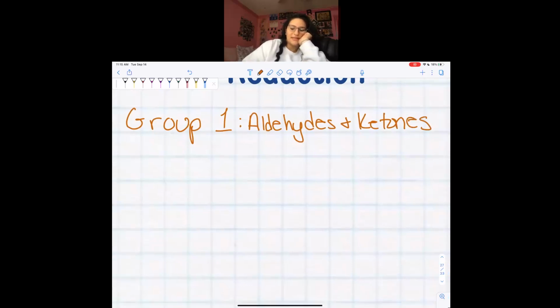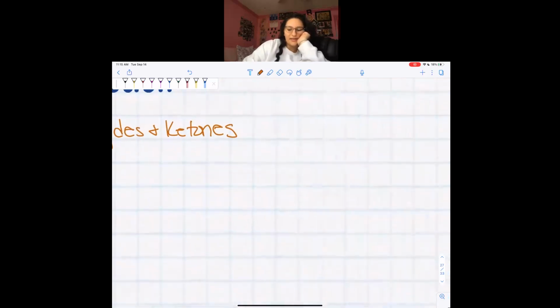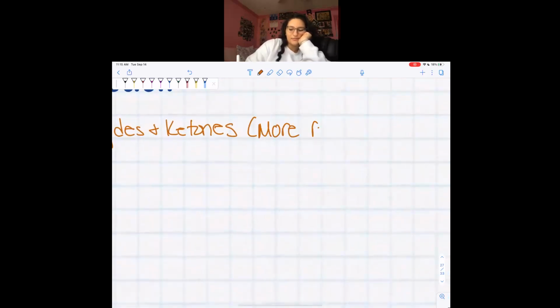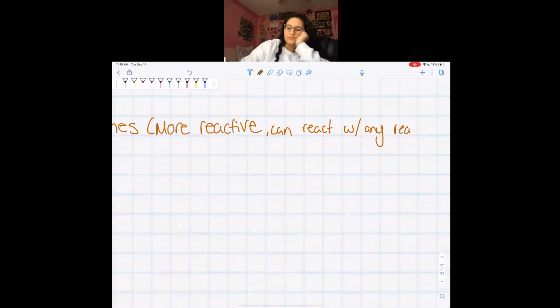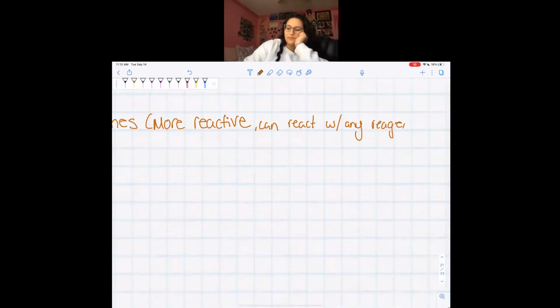Aldehydes and ketones, we're going to say that they are more reactive, and more reactive means that they can react with any reagent.